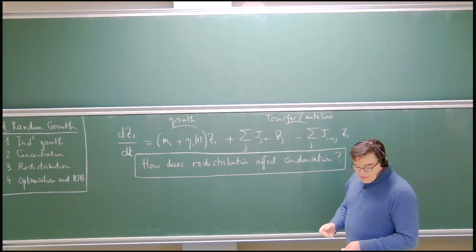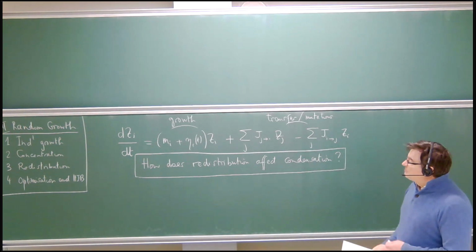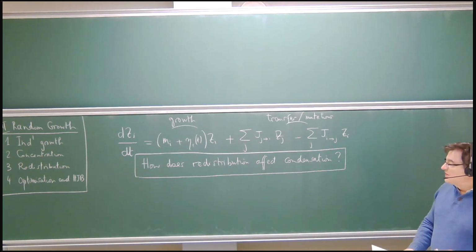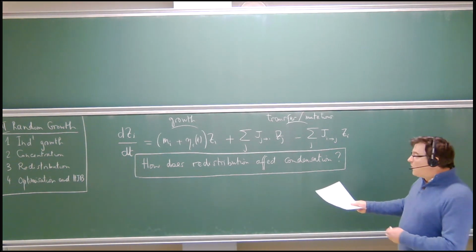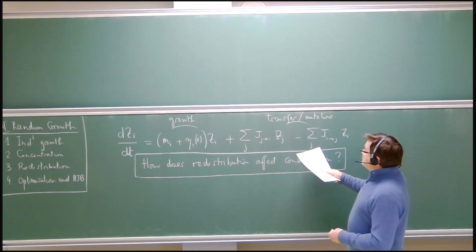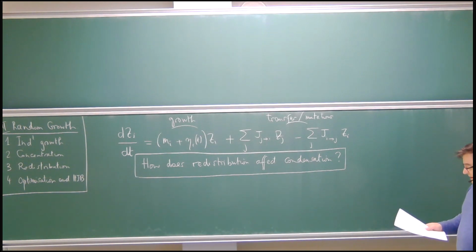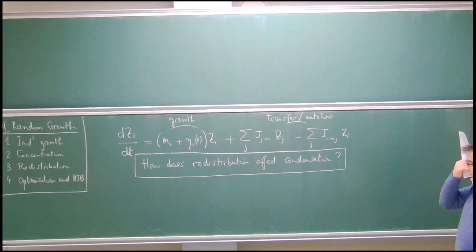And so what I'm going to show you is that it's actually quite interesting, because depending on the conditions, you can avoid condensation, or you still get condensation if the transfer rate is small enough. So that's what I'm going to talk about today.